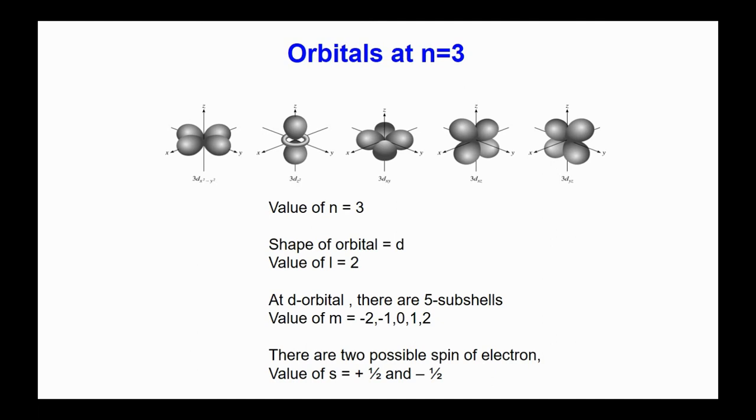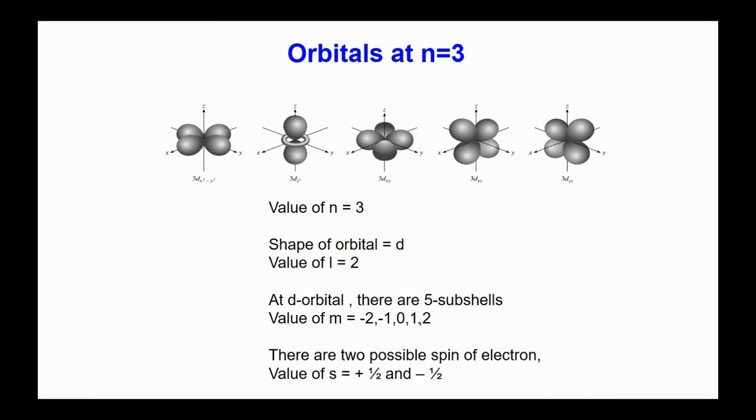So for 3d orbitals, okay, the shape of orbital is D, so the value of L is 2. Okay, so remember that if L equals 0 the shape is S, L equals 1 the shape is P, L equals 2 the shape is D. Okay, since the value of L is 2, the value of M is negative 2 up until positive 2.